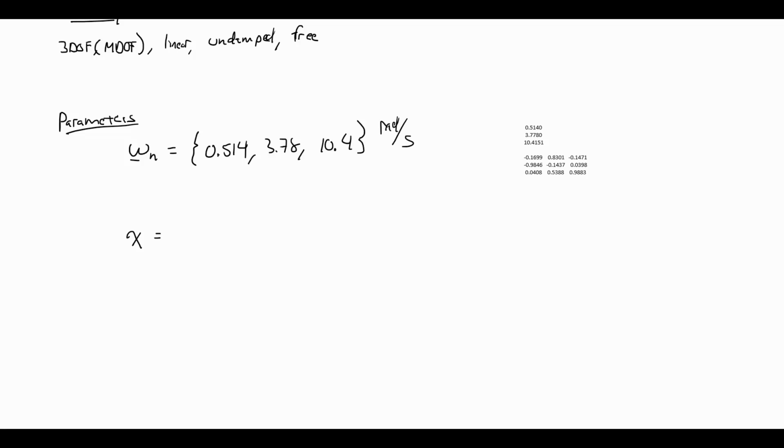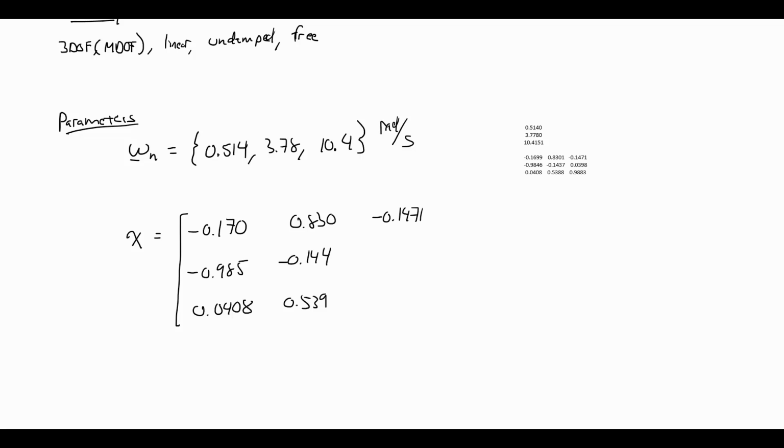And then the mode shapes, I'll write in matrix form: negative 0.170, negative 0.985, and 0.0408 with 3 significant digits; 0.830, negative 0.144, 0.539; and then the last mode shape, negative 0.147, 0.0398, and 0.988.